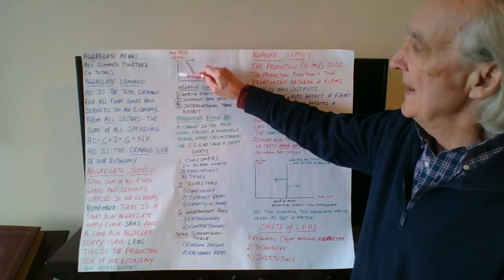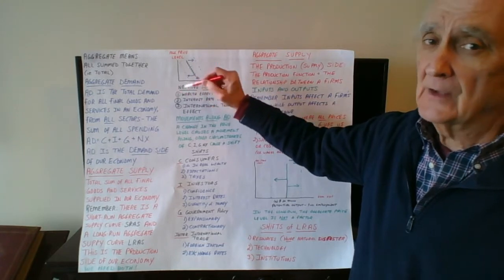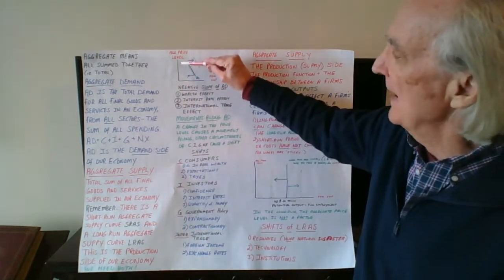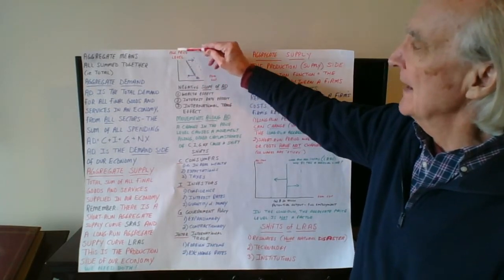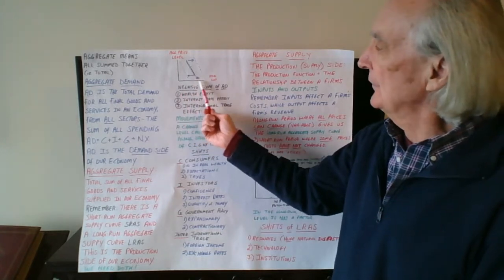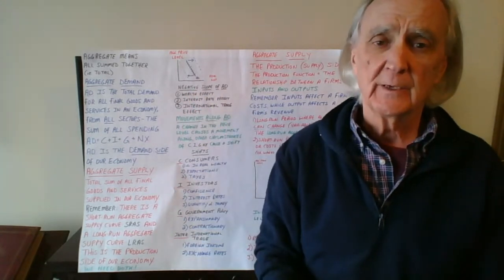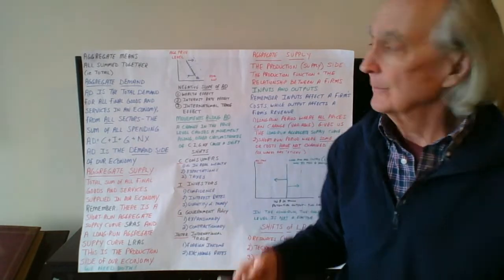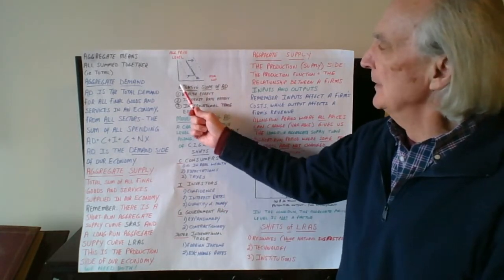Again, the y-axis is not just the price of one item or two items, it's the price of everything. So this y-axis we call the aggregate price level. And the x-axis is not a quantity of one particular good, it is the quantity of everything. So that is real GDP.